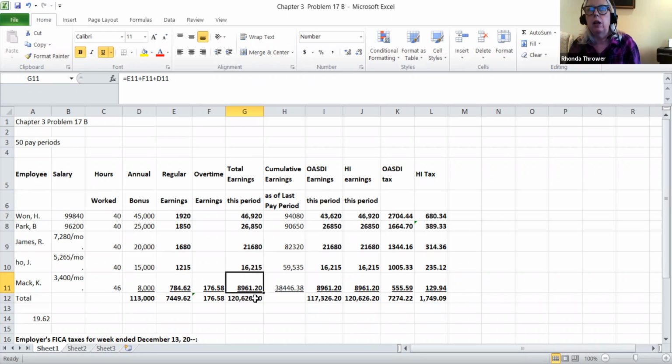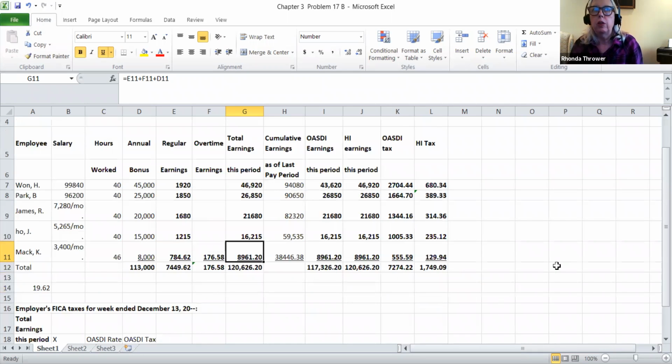Then you're going to combine all of these together to find your total amount for your total earnings, the total amount for your overtime earnings, the total amount for your regular earnings, and the total amount of your bonus. Then over here, we're going to add up our OASDI earnings, our HI earnings, and our OASDI tax and our HI tax. We just totaled all of those.